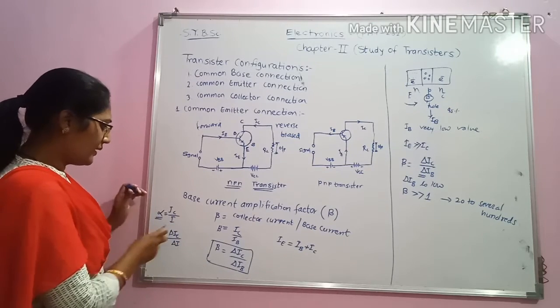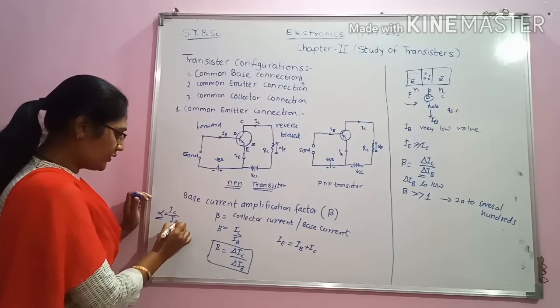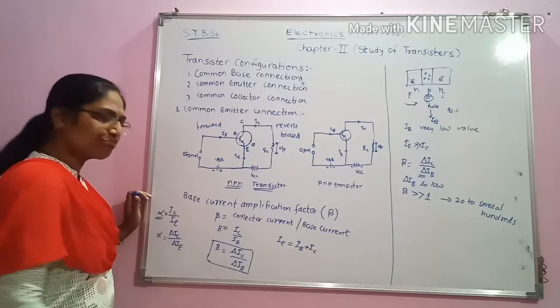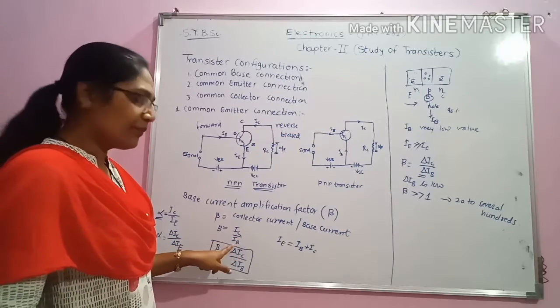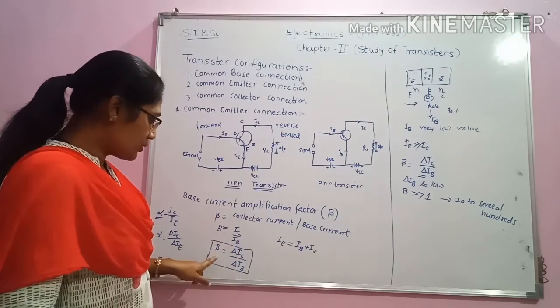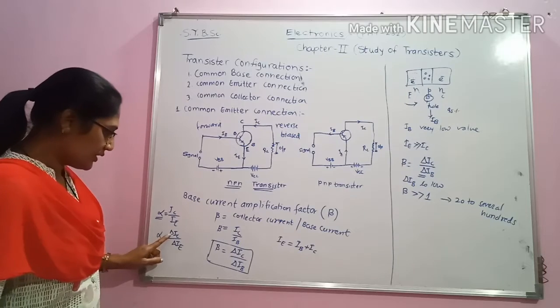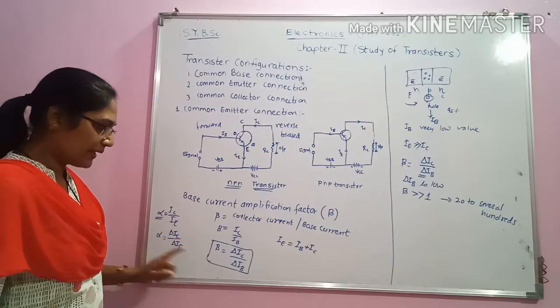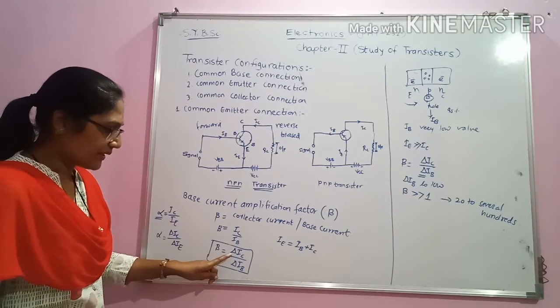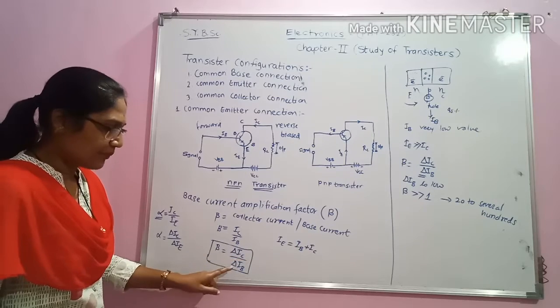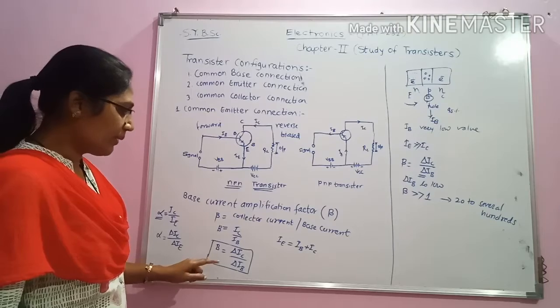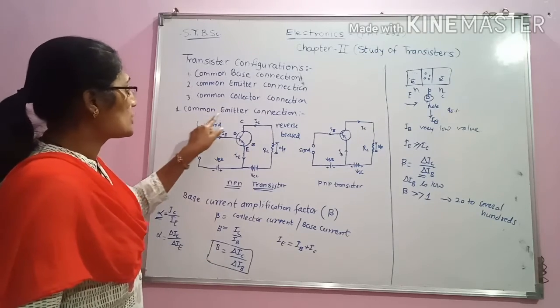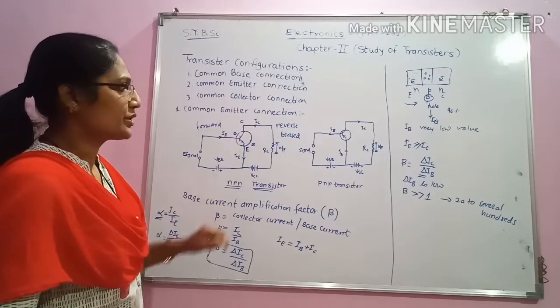Hence beta will become IC upon IB. Also, in terms of change, beta can be represented as delta IC upon delta IB, and this is the current amplification factor in the common emitter connection.